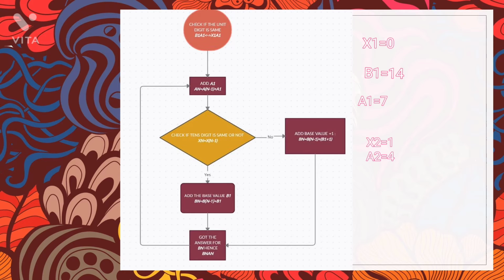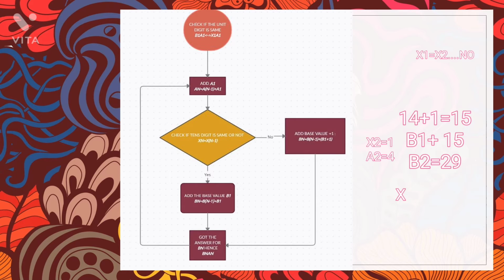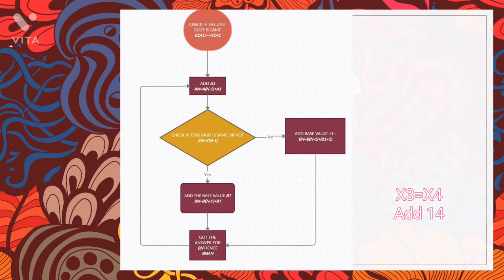For this case it's no. Hence we add base value plus 1, that is 14 plus 1, 15, to b1 to get the answer of b2. In the same example where x3 equals x4, we'll just add the base value 14 to b3 to get the answer of b4. So we follow the same algorithm for 10 steps to get the answer we require.